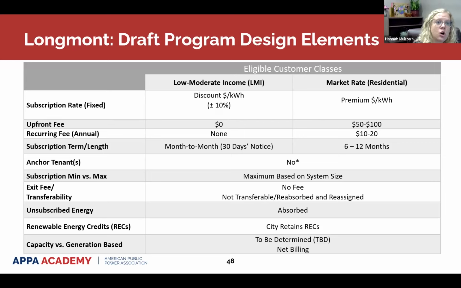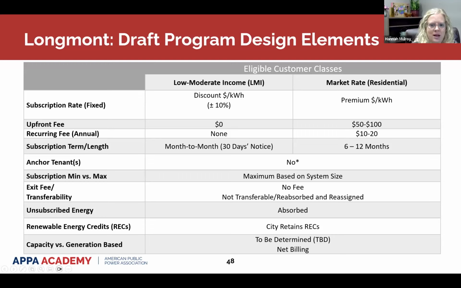So our intention is to charge no upfront fee to LMI, $50 to $100 for market rate. For recurring fees, we intend to charge nothing on an annual basis to LMI residents and a nominal $10 to $20 fee for market rate residents. The terms and lengths of the subscriptions are different: month to month with 30-day notice for LMI customers, 6 to 12 month terms with a little bit more notice for market rate. I didn't put it in there, probably still 30 days notice, but a longer term.